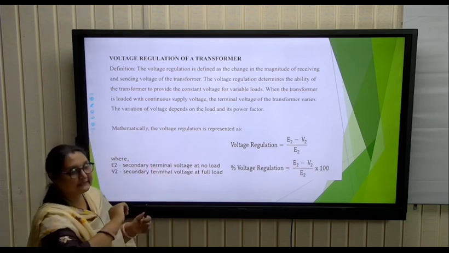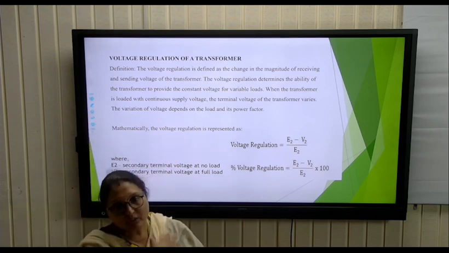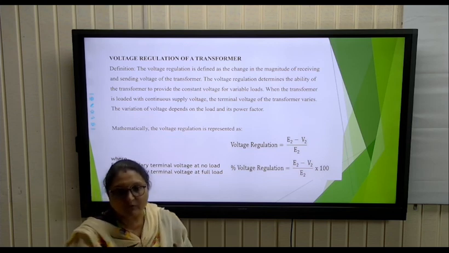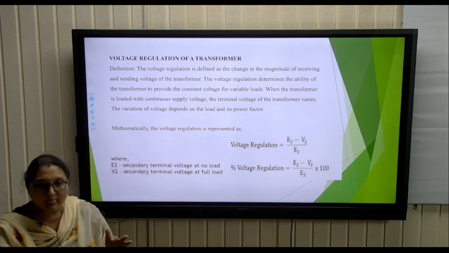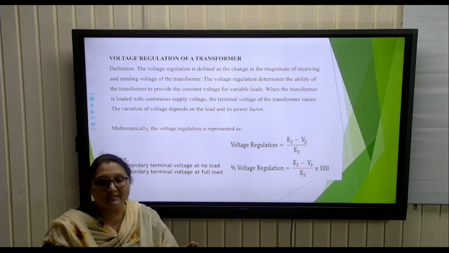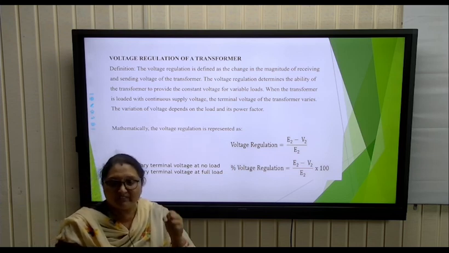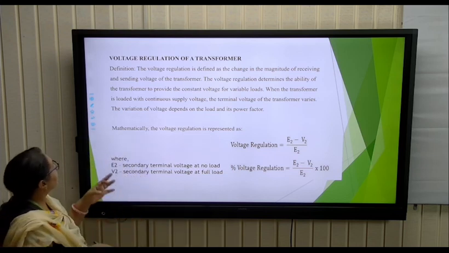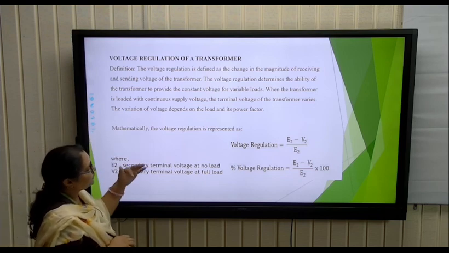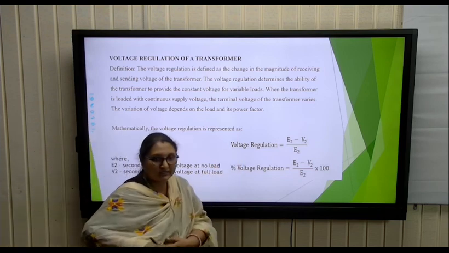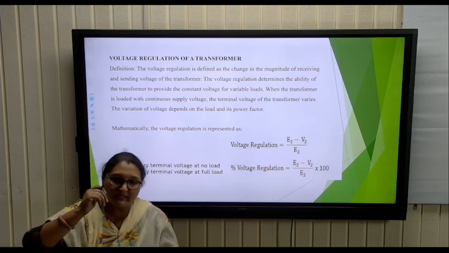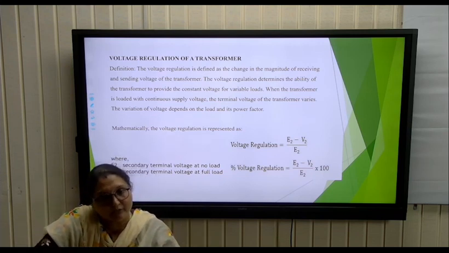The next heading is the voltage regulation. So what we want is a transfer of energy from primary to secondary without decrease in its power, without wasting any power. So in this voltage regulation, we should have the same value. Whatever is V1, I1, the same I should get at the output as V2, I2.